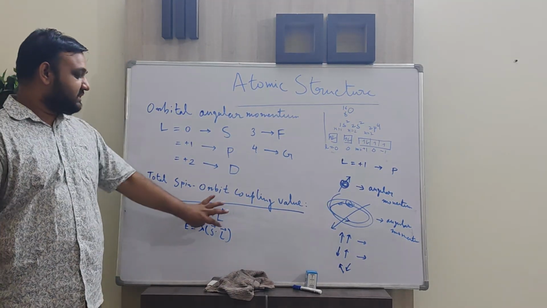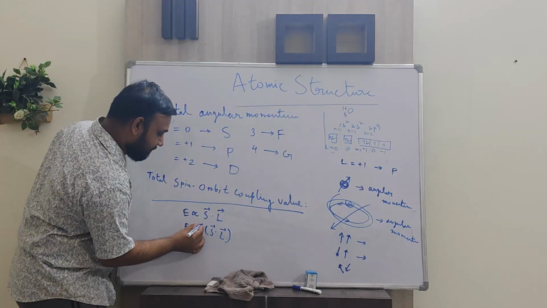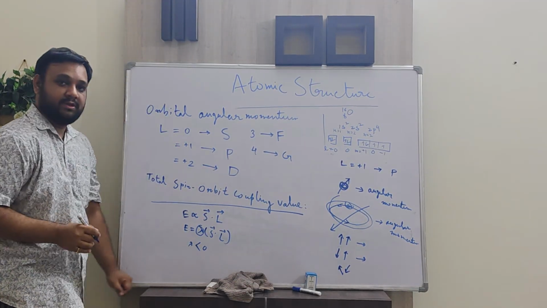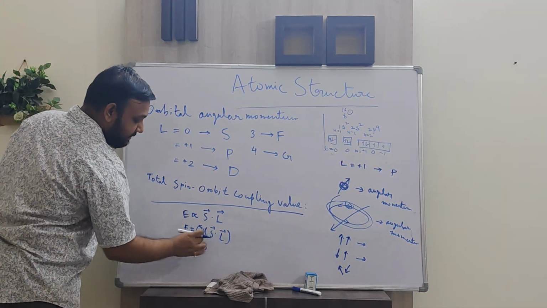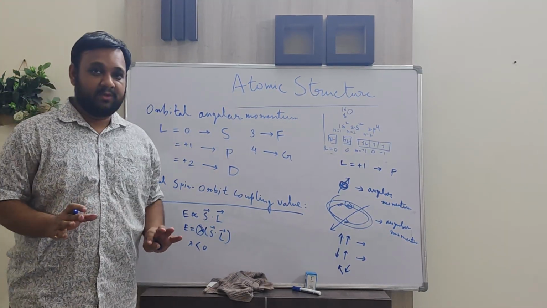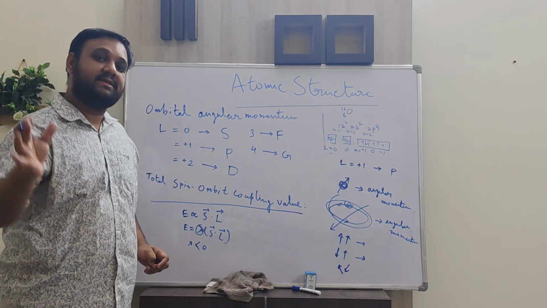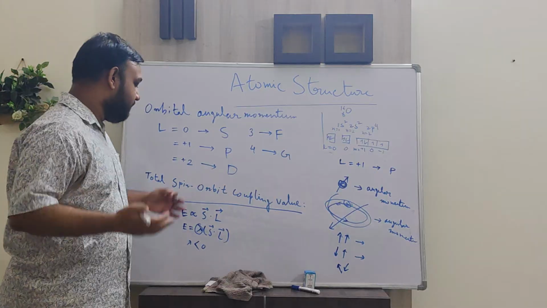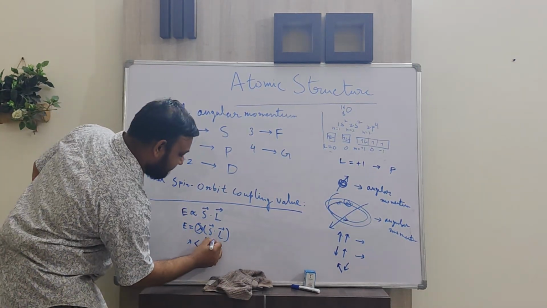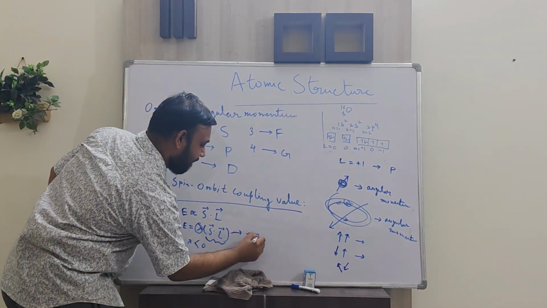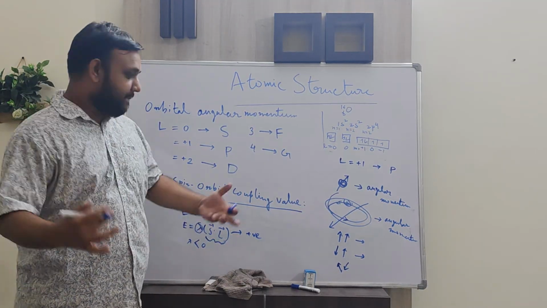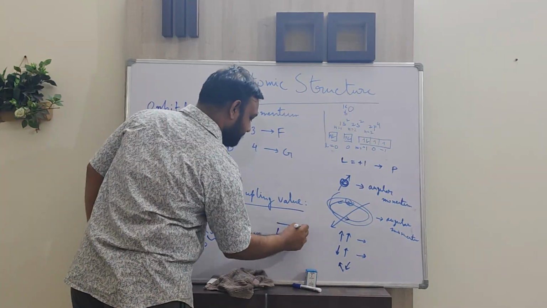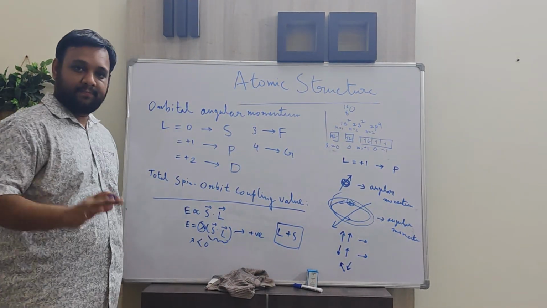So depending on lambda: if lambda is less than 0, if lambda is negative, then the total energy of the system will only be negative, meaning stable, negative or lower means stable. The total energy of the system will be more stable if this coupling is positive, and positive coupling happens only when the L and S quantum numbers are adding together.